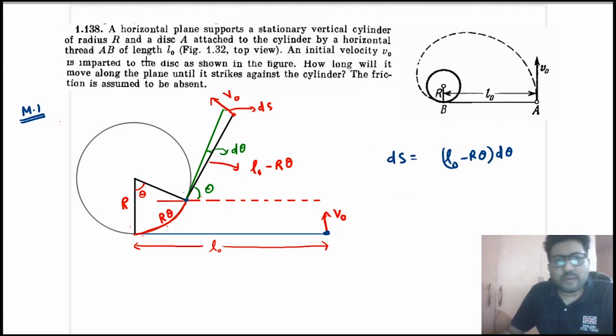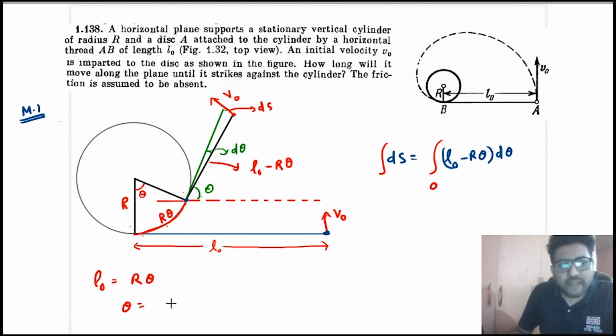From this, if you integrate both sides, at the initial instant theta was 0, and the final instant is when it has wrapped completely. When it has wrapped completely, the L0 length of the thread has become L0 length of the arc, and you know that L0 length of the arc is equal to r theta.